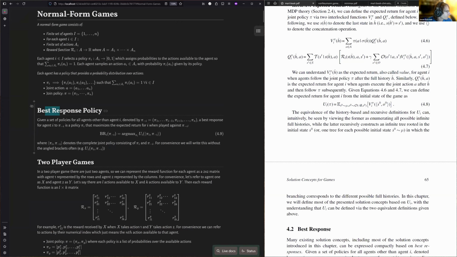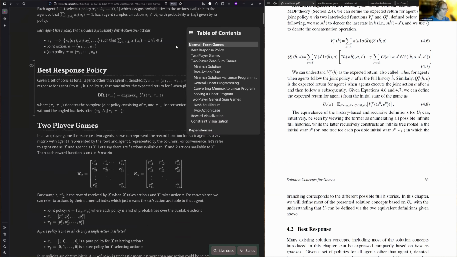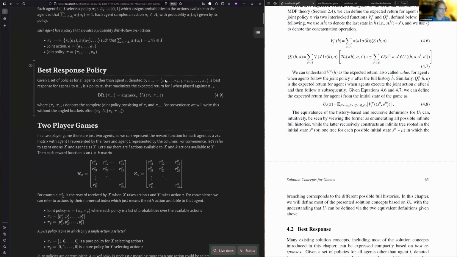So we can think about this concept, which is the best response policy. And this concept is that, let's say that we take all of the other agents that are not i, right? So this pi subscript minus i is the notation we're going to use to describe the set of all of the policies for every other agent.